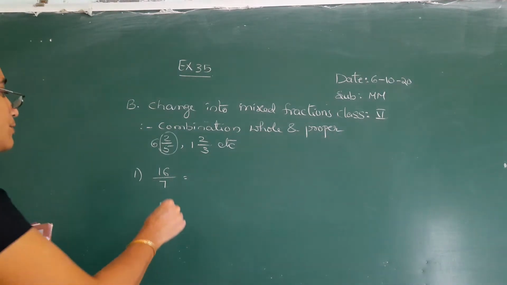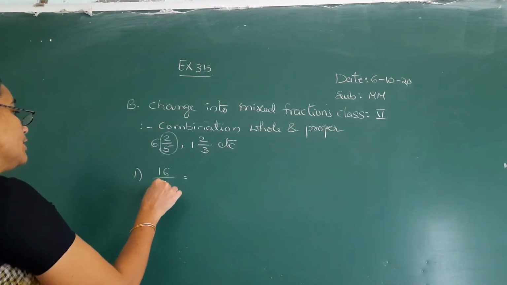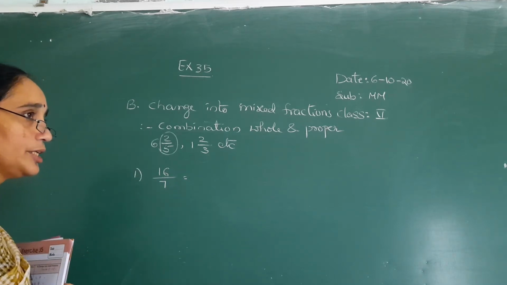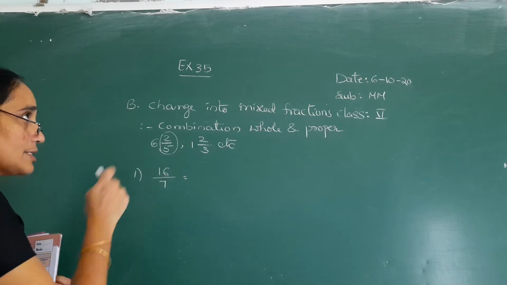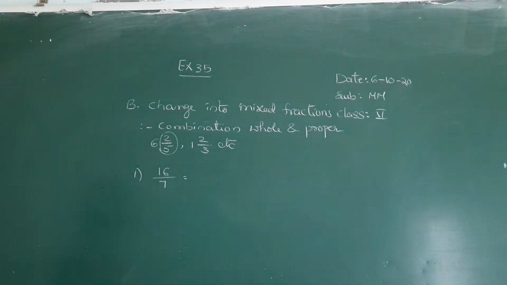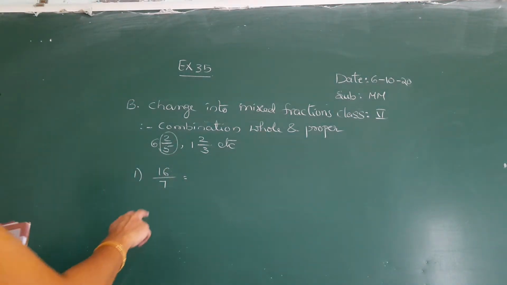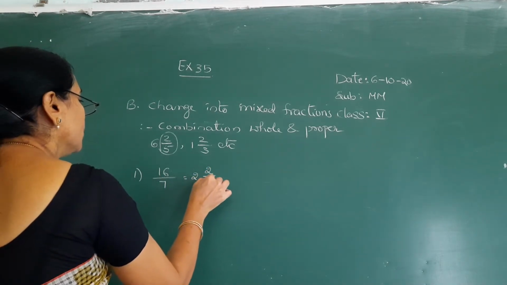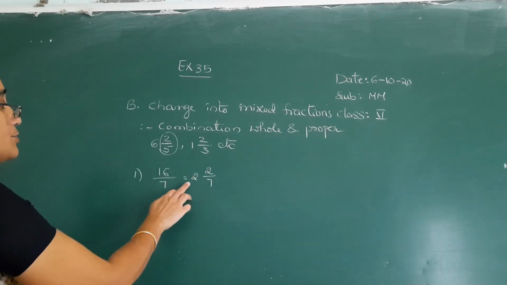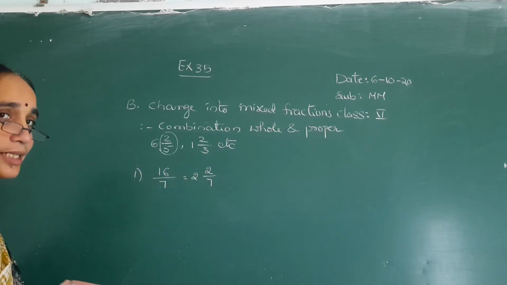You have to divide numerator with the denominator. What quotient you get, write down as the whole part and remainder as numerator part and denominator as usual. See 16 by 7: 7 2s are 14, remainder is 2 by 7. 7 2s 14 plus 2, 16 by 7.